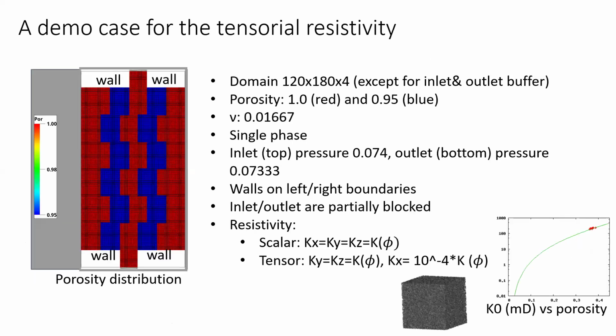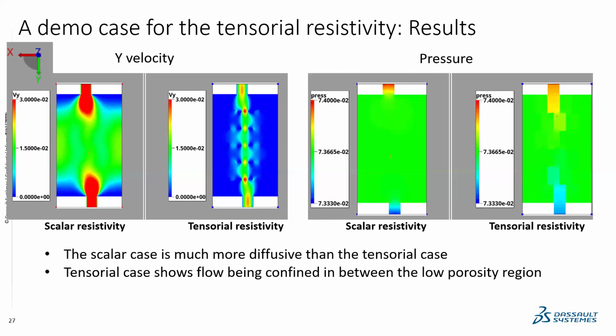So this is the demo case. We assume the fiber is going through this blue region, and the red region is simply fluid, and the flow is coming top to bottom. With the scalar resistivity model, we have a much more diffusive flow here because the porosity difference is small.